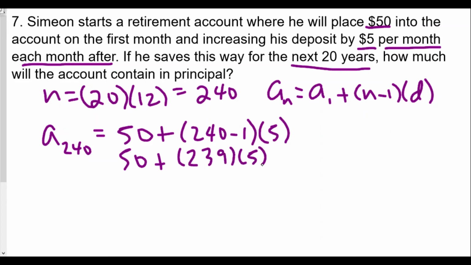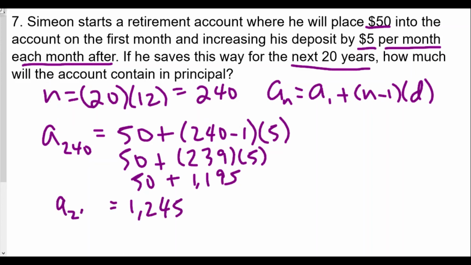Okay? And if you multiply 239 times 5, we're going to get 1,195. Add 50 to that, we get $1,245. That's how much the 240th deposit will be.